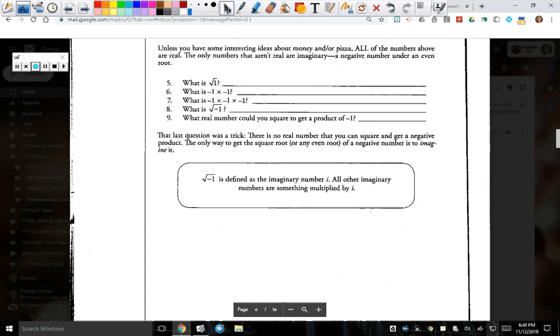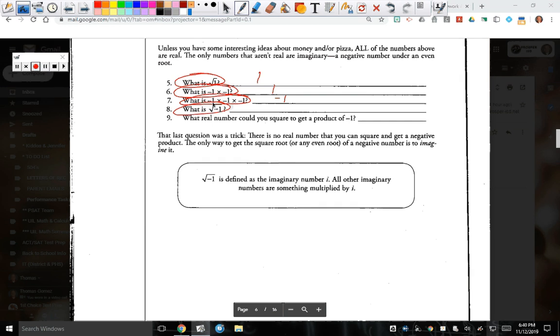Here we go. What is the square root of 1? 1. What is negative 1 times negative 1? 1. How about if I have it 3 times? Negative 1. What is the square root of negative 1? I. Imaginary number, just i.